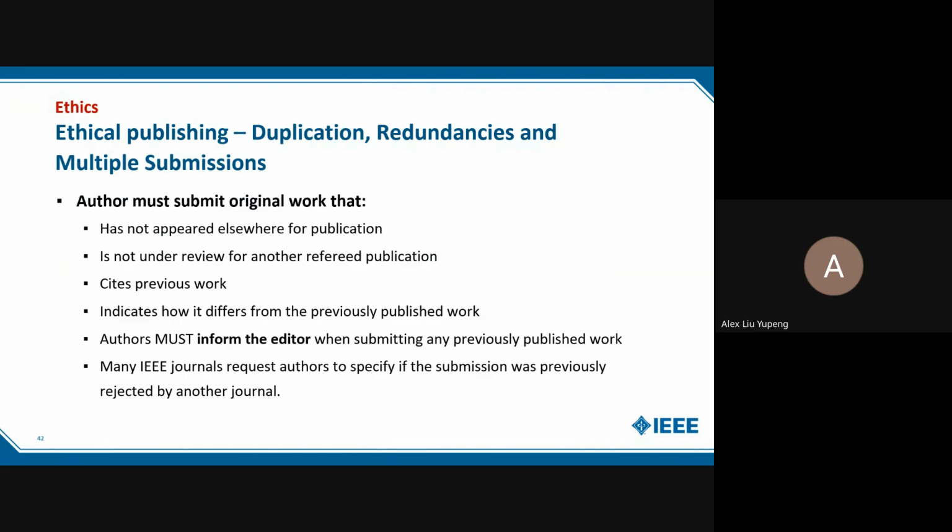For example, if you are submitting to another journal or another conference, then you cannot submit that work to IEEE, because we are looking for original research that has not been published yet. This same principle applies, I'm sure, to all the other publishers as well. So whichever journal or conference you are submitting a paper to, you should follow the same guideline.